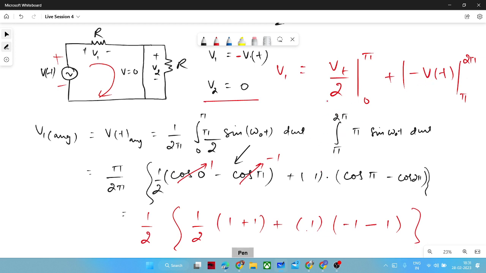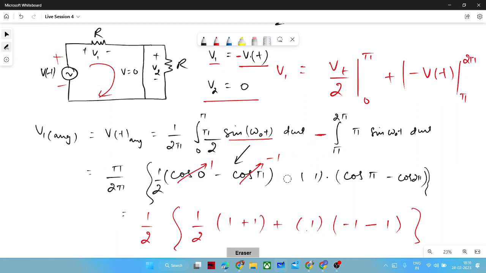After that, it is minus Vt, right? So let us modify this. Minus Vt from pi to 2 pi, and minus Vt is pi sine omega naught t. Here we did not take pi by 2 since we have the expression V1 equal to minus Vt. We took pi outside, so it remains with half only. If you integrate sine omega naught t, you will get minus cos omega naught t, and you can write cos 0 minus cos pi in this fashion.